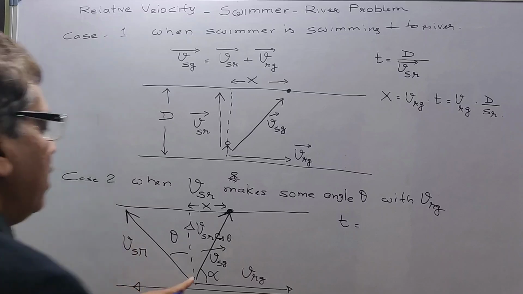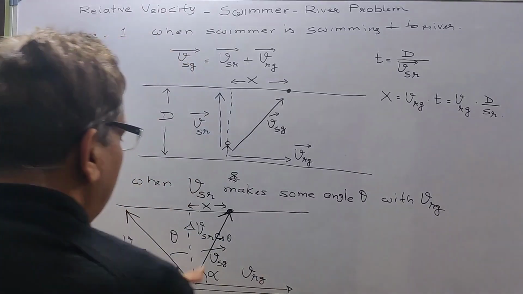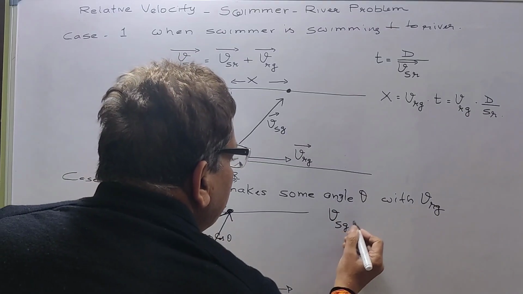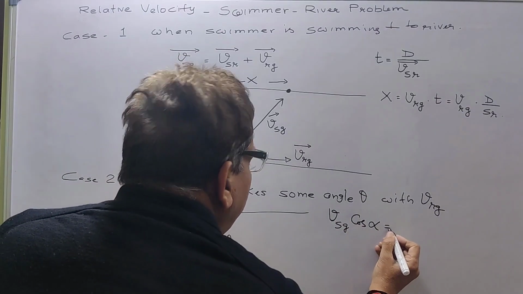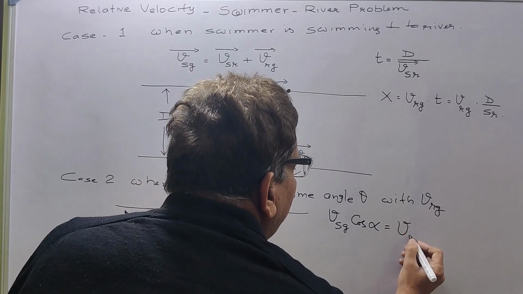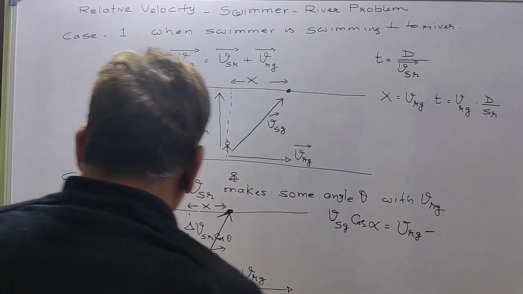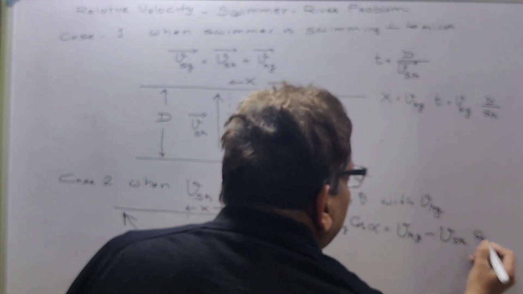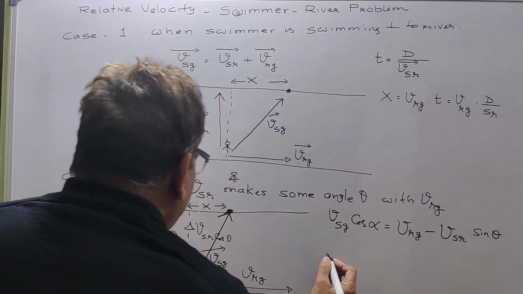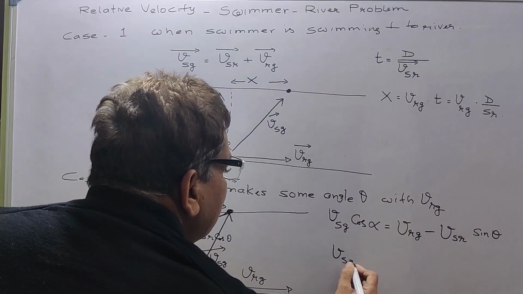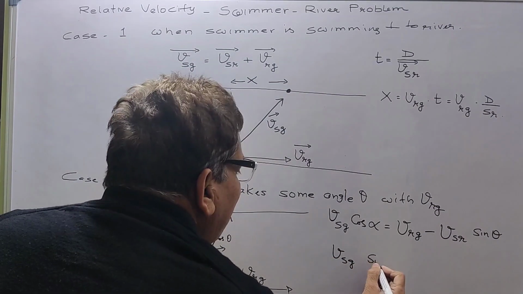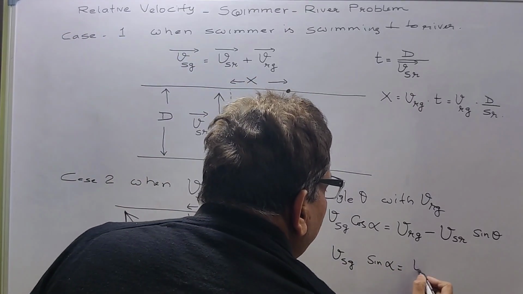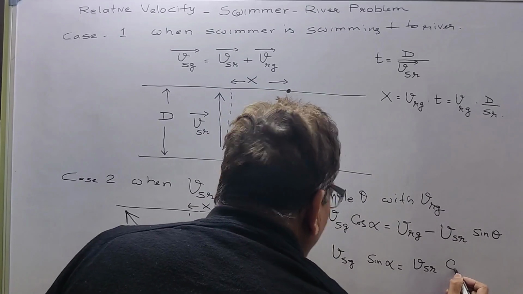Now I can say here, very simple, the component of VSG cos alpha can be written as VRG minus VSR sin theta, and VSG sin alpha can be written as VSR cos theta.